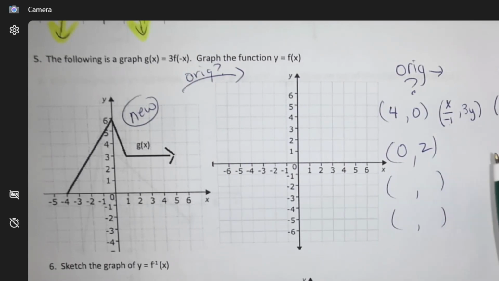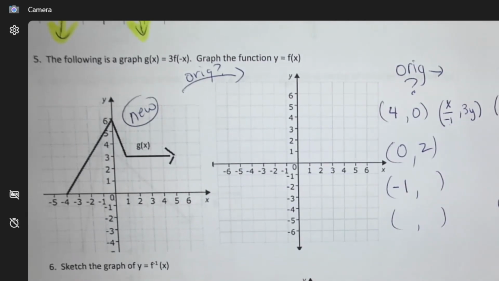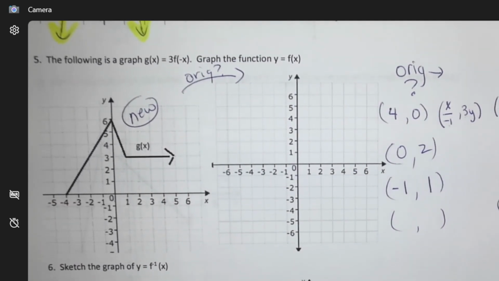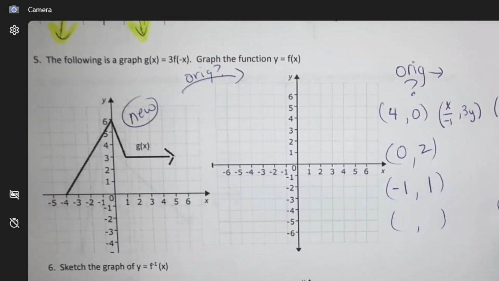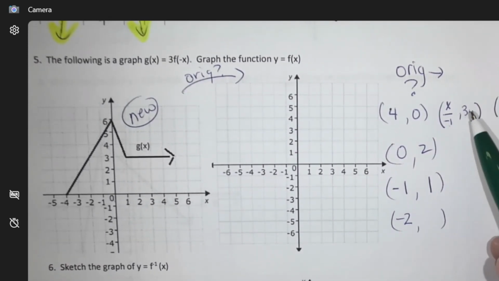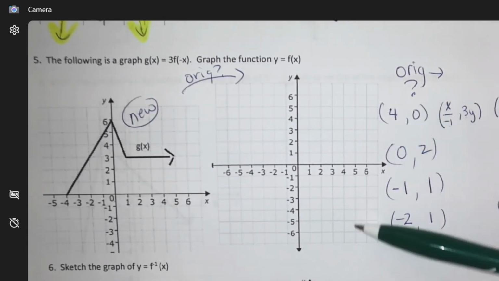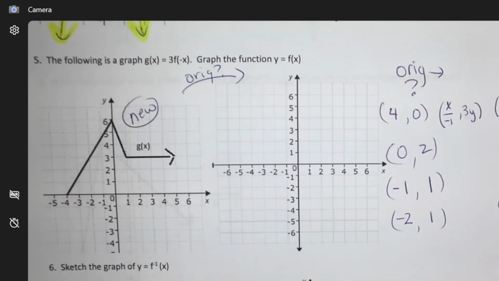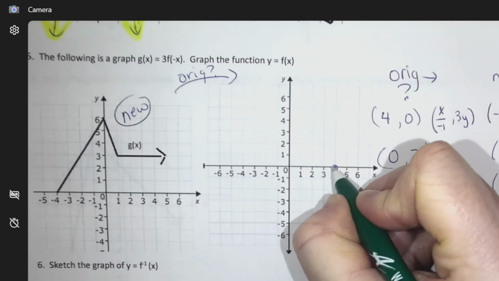Something divided by -1 is +1. -1 divided by -1. And 3 times something is 3. Something divided by -1 is 2. So -2. 3 times something is 3. Okay, so let's graph these original points. Oh, yeah, no, that's good. 4, 0.